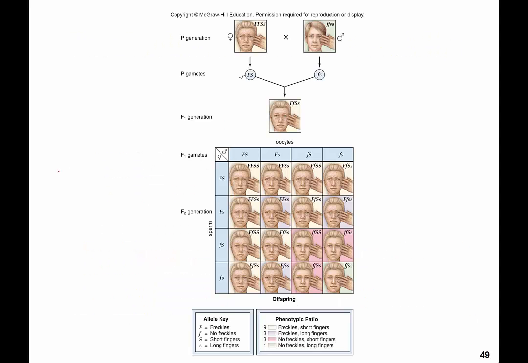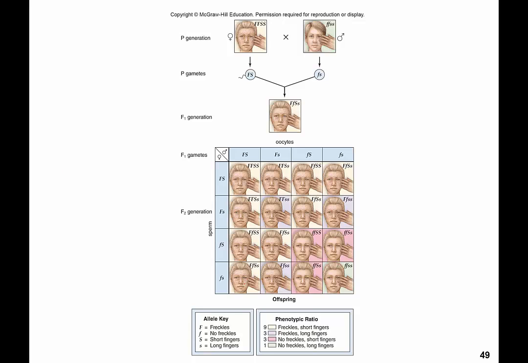We could also work this out with freckles and finger length. So this shows that same dihybrid cross, only this time instead of hairline, we're looking at the presence of freckles or no freckles. But notice how we get that same pattern and same ratio.